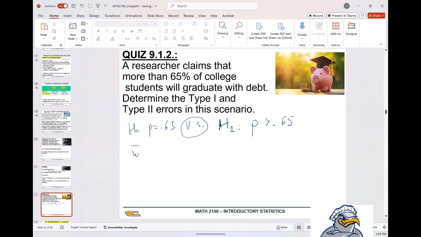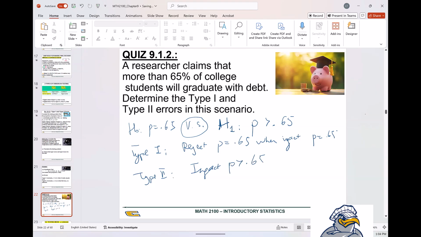And the type 1 error is the error of rejecting H naught when in fact it's true, right? So this is type 1 error. And type 2 error is the error where you fail to reject H naught when H naught is false, I'm sorry, which means H1 is true, right?